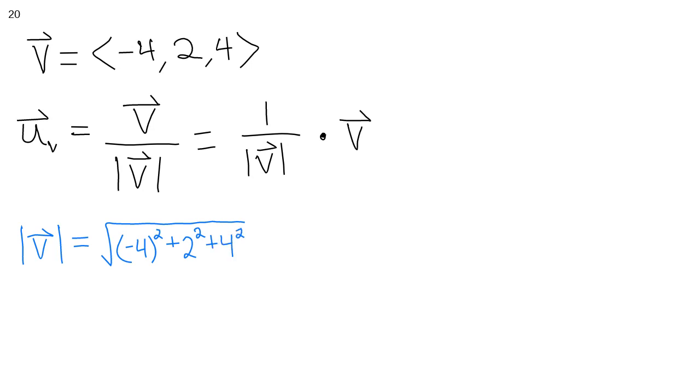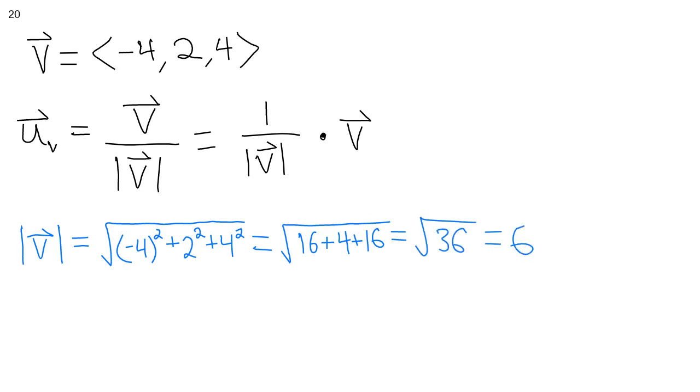And you take the square root of that. 16 plus 4 plus 16. Look at that, how convenient. Square root of 36, 6. So the magnitude of the vector V is 6. That's how long that vector is.